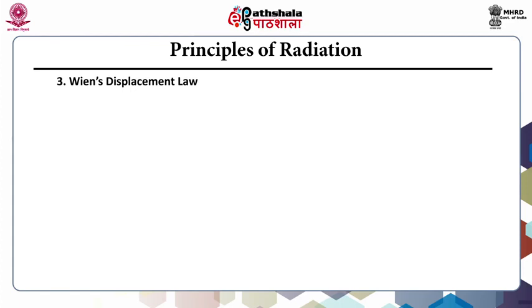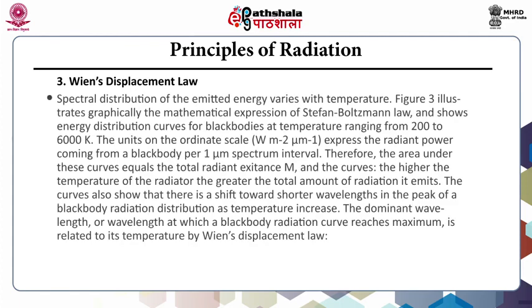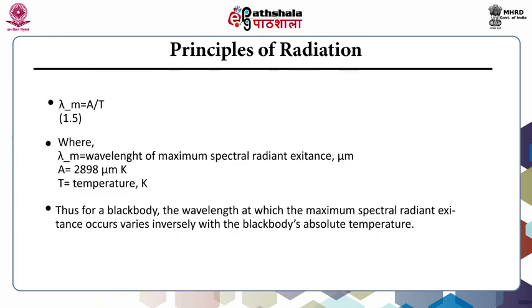Third one is Wien's displacement law. Spectral distribution of the emitted energy varies with temperature. It is to be noted that the Earth's ambient temperature is about 300 Kelvin, that is 27 degrees Celsius. Therefore, the maximum spectral radiant excitance from Earth features occurs at a wavelength of about 9.7 micrometer, which falls in the thermal infrared region of the spectrum.